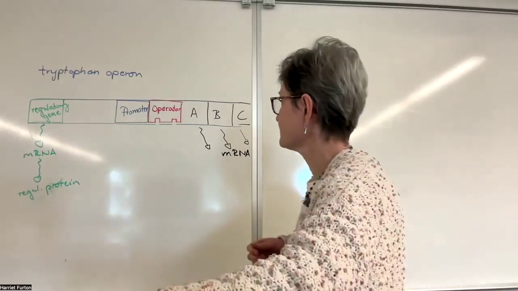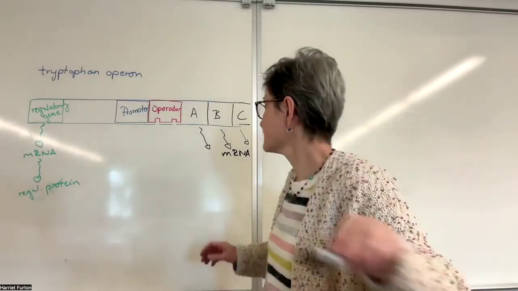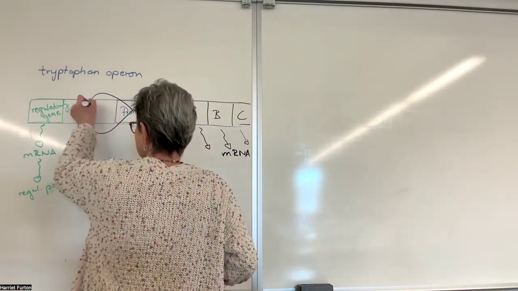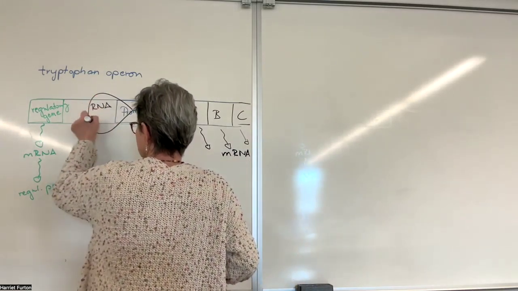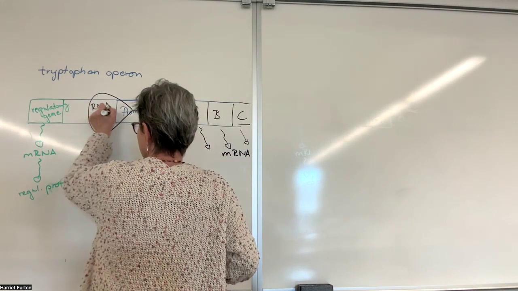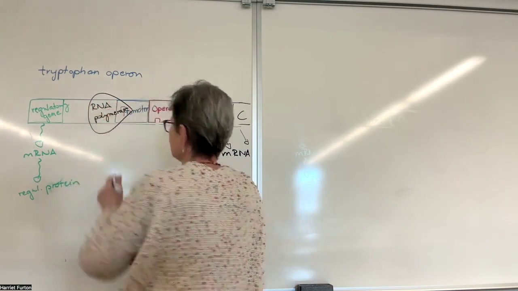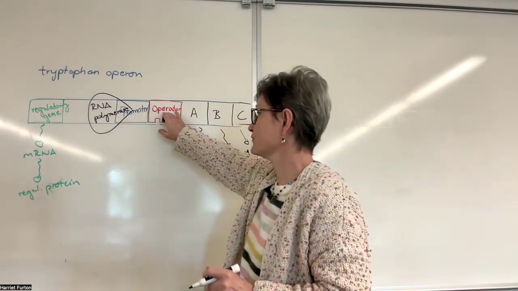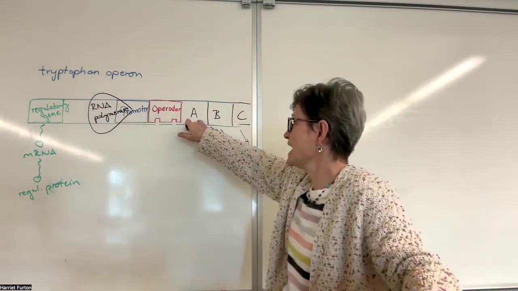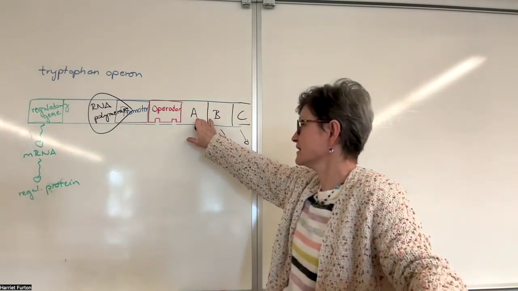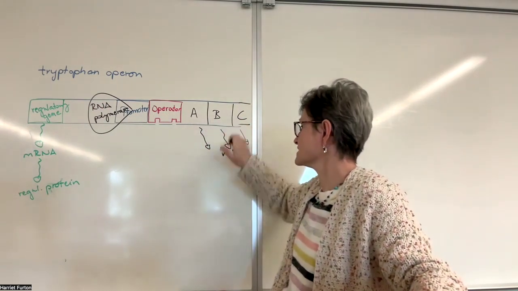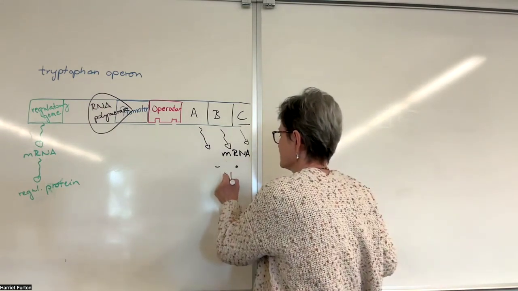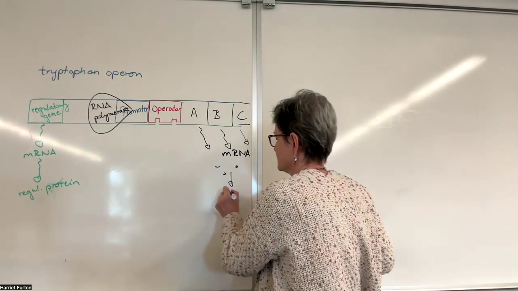One more thing that is missing in here is the RNA polymerase. That will do its job, starting from the promoter, going through the operator region, and transcribing genes A, B, and C into messenger RNA. We will have the ribosomes in here, and they are going to make proteins.